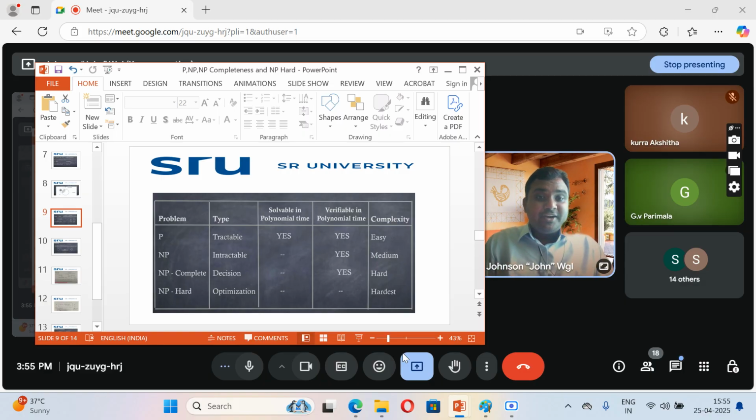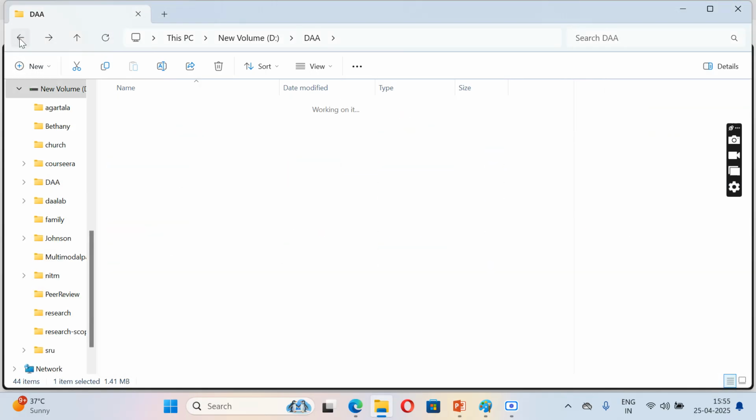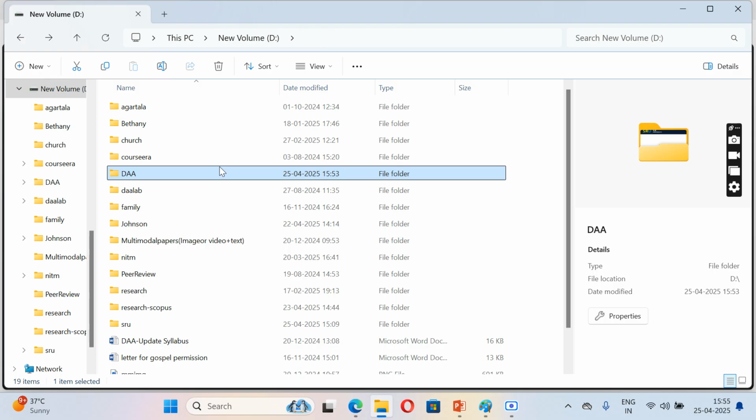Example, you know the COVID situation, that is a set cover thing. How to recognize the COVID? Then there are some sets.